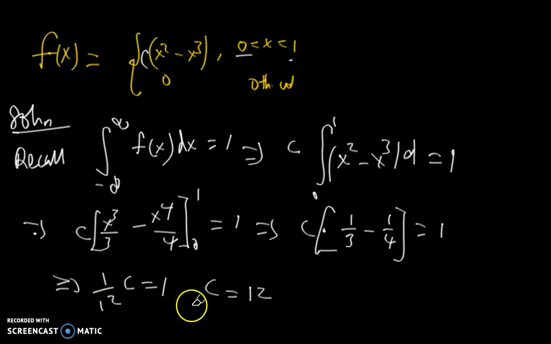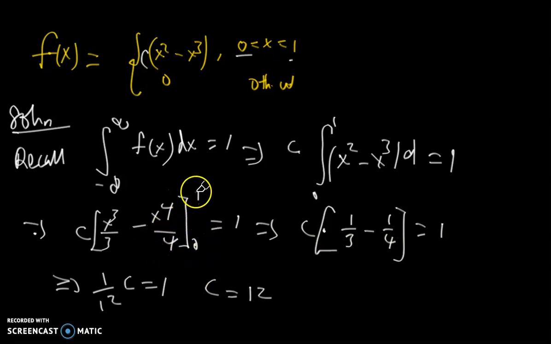So our value for c will simply be 12, because we took the LCM. When you integrate x squared, you simply get x cubed by 3, and x cubed gives x power 4 divided by 4.